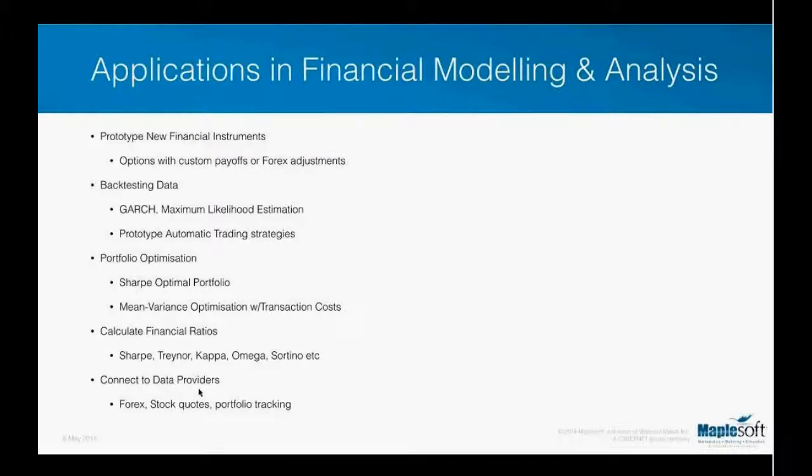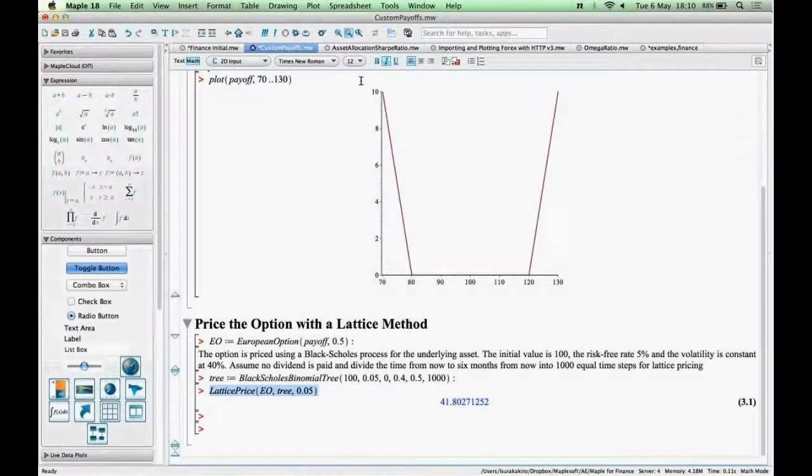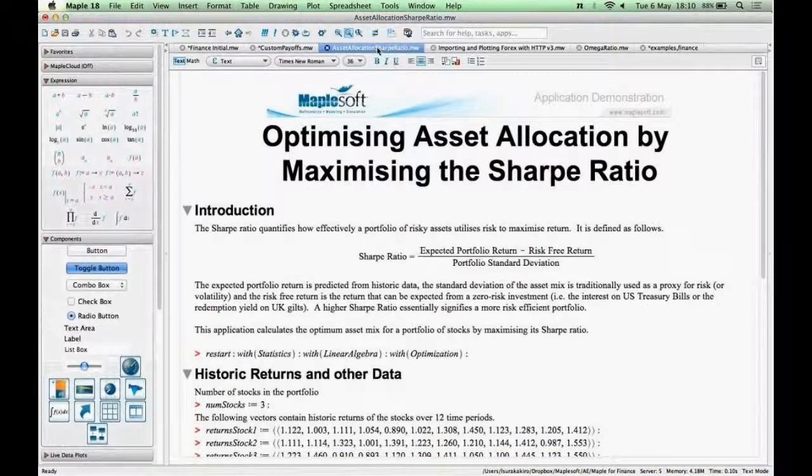We have support for optimization. Here is an example of our optimization functionality. Financial analysts often use a quantity called the Sharpe ratio to quantify how effectively a portfolio of investments uses risk to get return.